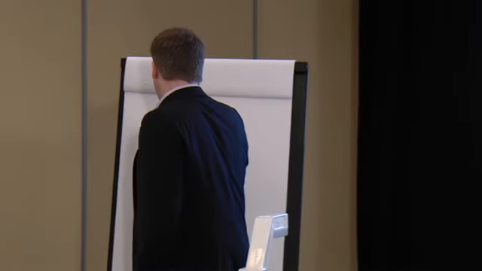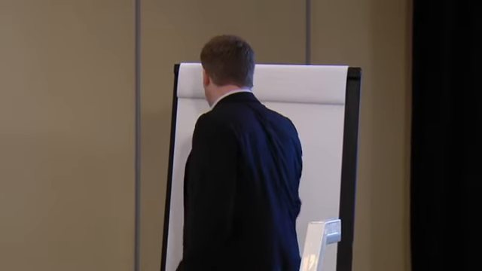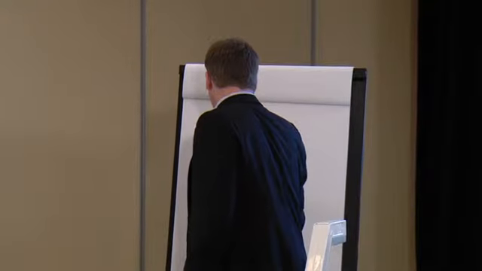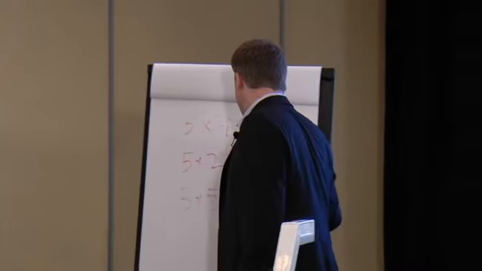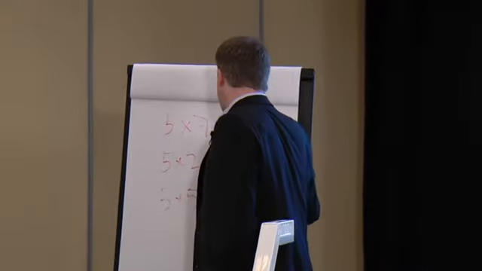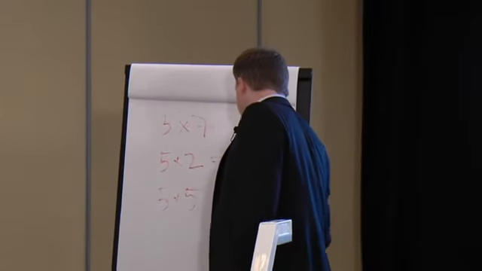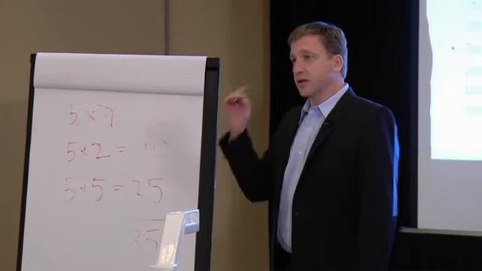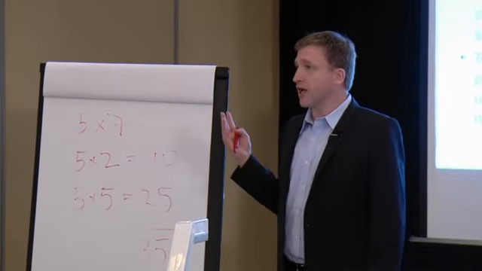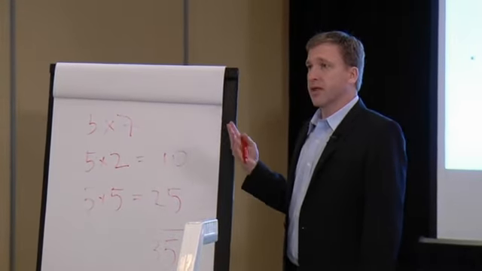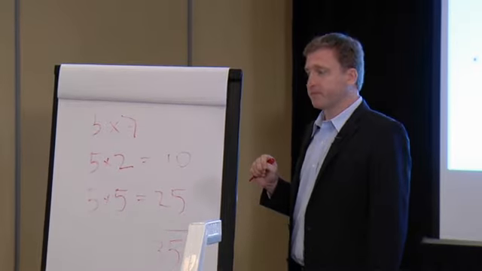And I know everyone knows 5 times 2, right? And 5 times 5 is super easy to remember. That's 25, and that's 10. And this addition is actually quite easy. Right, and the answer is 35. And I could imagine doing that as a very rapid reasoning process. That would be called a fluent calculation of 7 times 5.